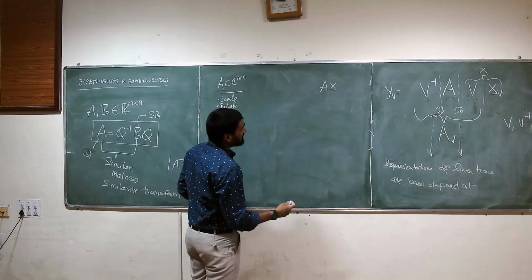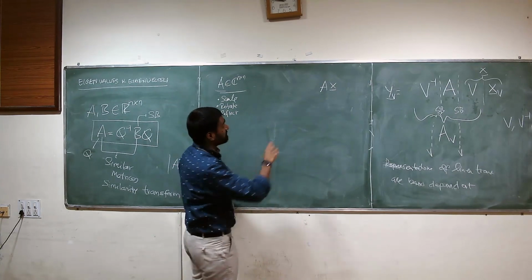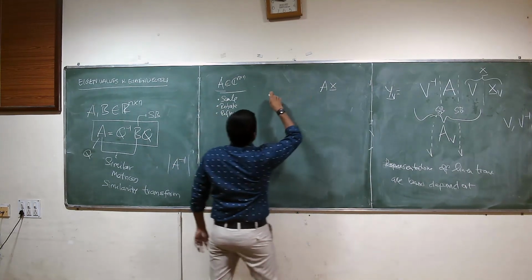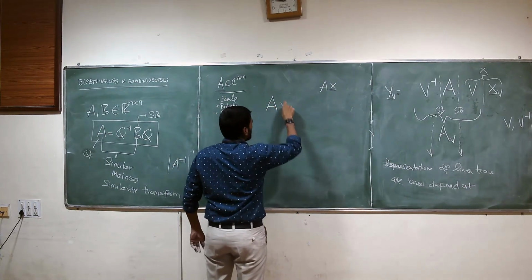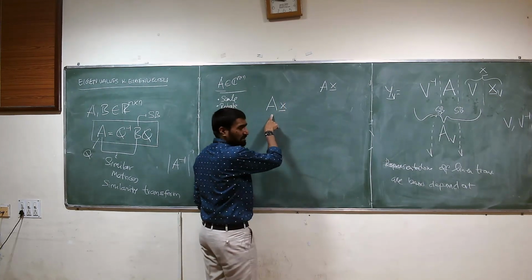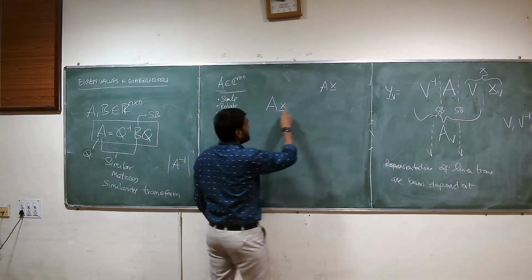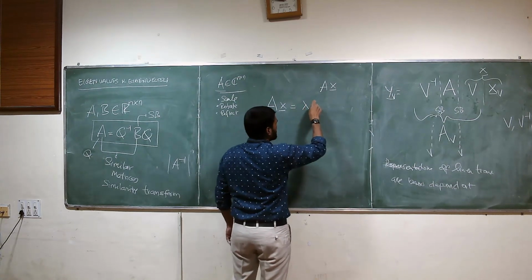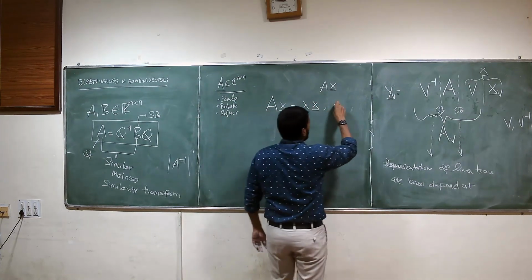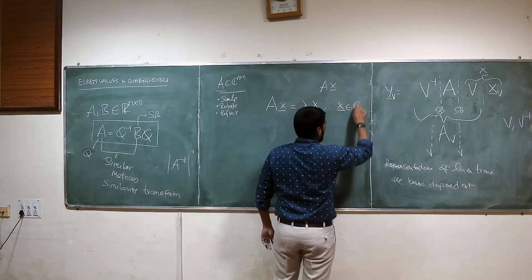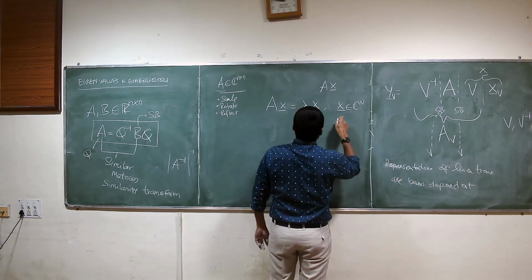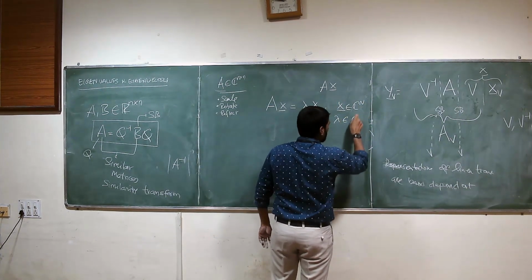But it turns out that there are these special vectors from C^n such that if you take that vector and multiply it by A, what comes out is essentially Ax equals lambda x, where x belongs to C^n and lambda is simply a complex number.